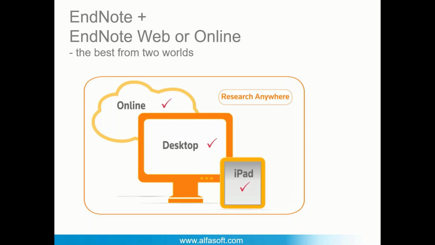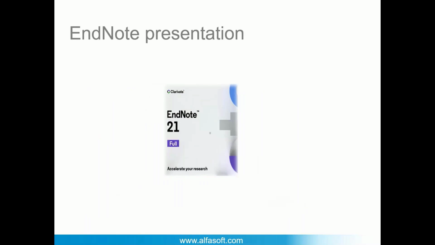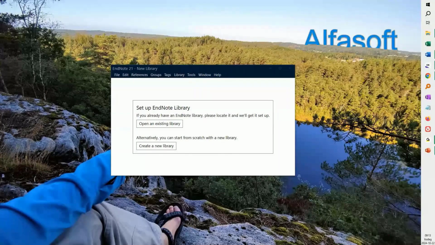With that said, I'm going to go over to EndNote, and we'll have a look at EndNote instead. When you start EndNote, you need to create an EndNote library, and we will do that just to give you an overview of what we're going to do. So I'm going to create an EndNote library. I'm going to show you how you can get information into an EndNote library, and then we'll take a little bit of a detour into the whole AI, the new AI life that we're living in.